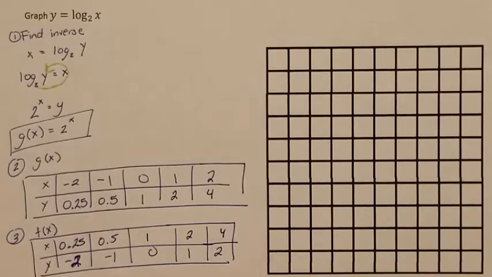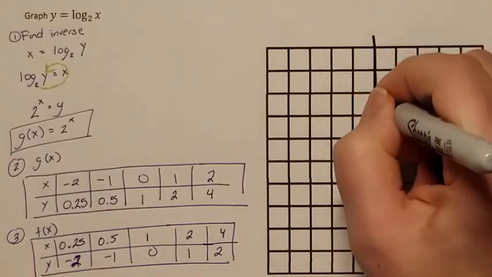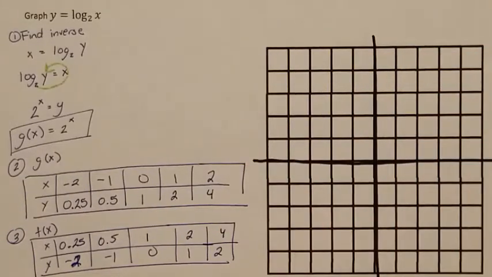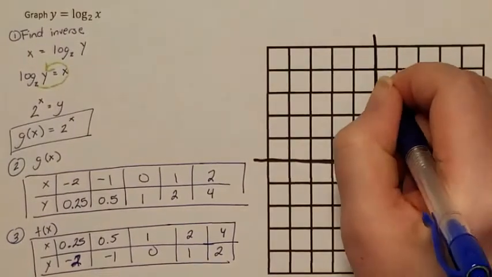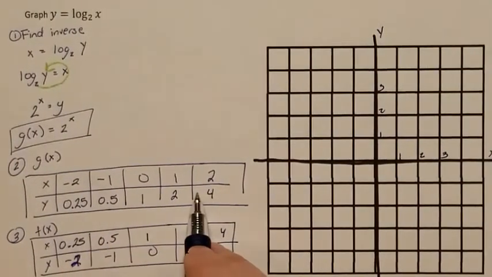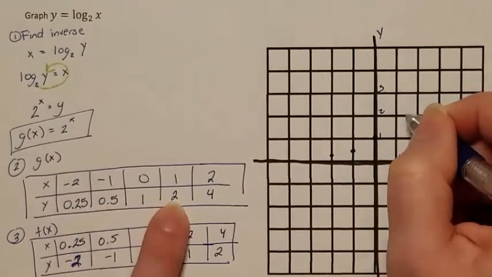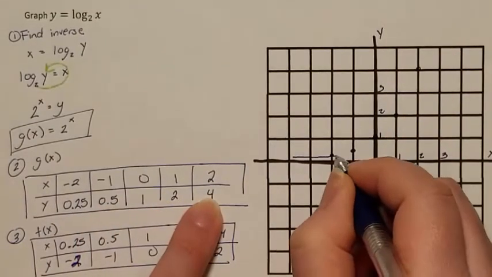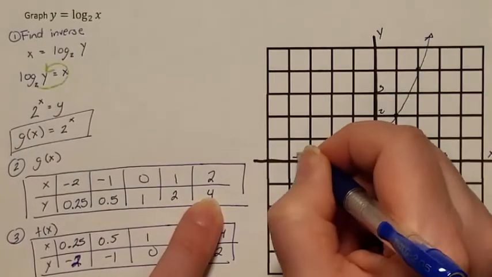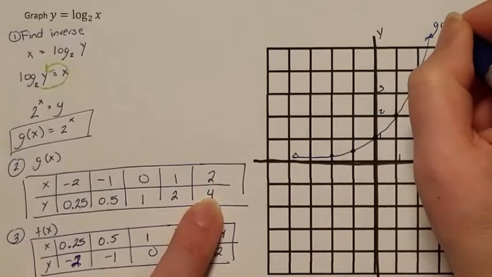So we are going to put our xy axes right down the middle, and we're going to scale by ones. Okay, first I'm going to graph x. So here is my g of x. This is the inverse.